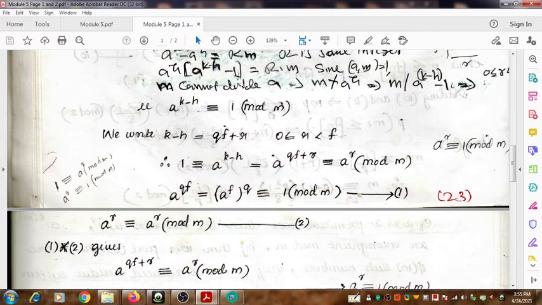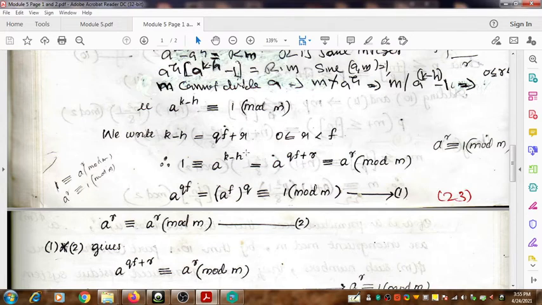You have seen this kind of situation in earlier expressions, when one quantity is greater than another, you can divide the greater quantity by the smaller quantity and write it in terms of the quotient and the remainder, where the remainder is less than the divisor.